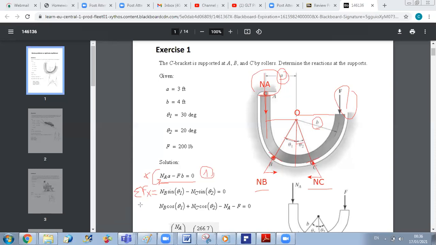So the sum of x relation will give me plus NB sine theta 1 minus NC sine theta 2 equals 0. This is relation number 2. And finally, the third relation is sum of forces along y. Sum of forces along y equals 0.